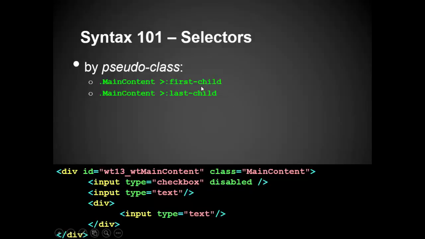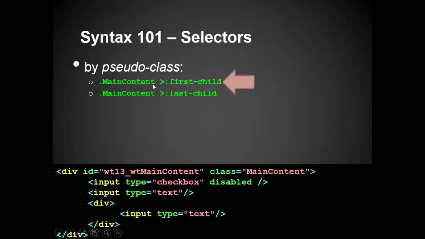So how can we read this? This is my preferred way, or the way that I think is the easiest to do it. We start by the end. We are going to select the first child that is a direct descendant, and this symbol actually means direct descendant, of an element that has the class main content.